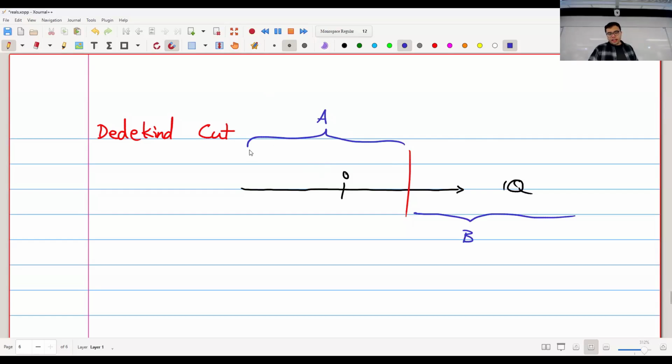And for every such A, I have a real number. So I want to take those subsets of the rational numbers such that their complement only contains numbers that are bigger than them.